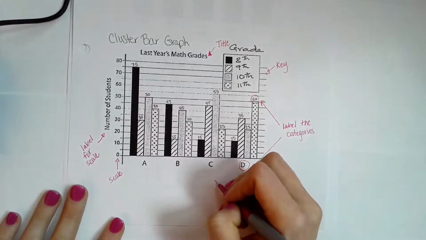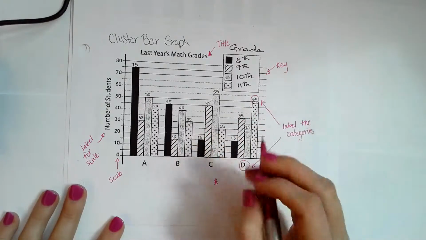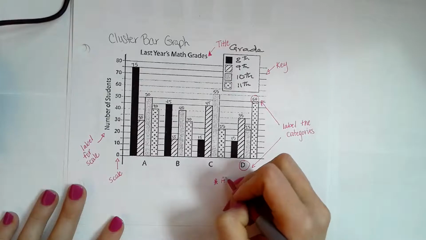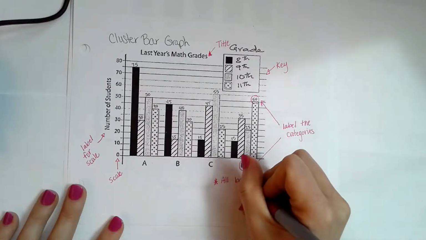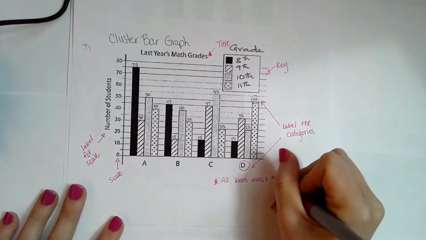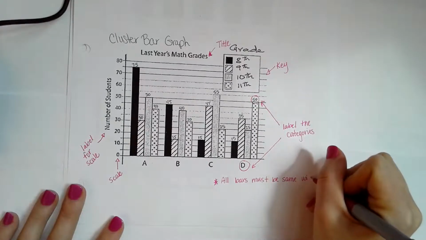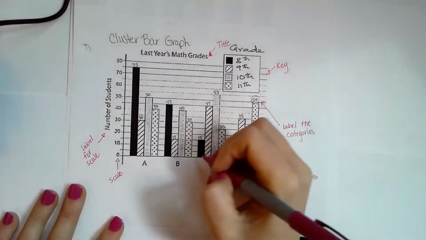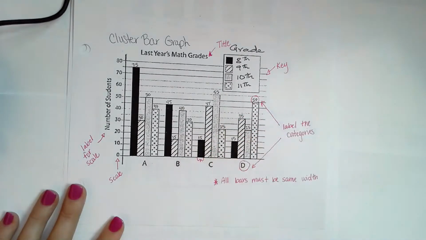Just like the regular bar graph, all of your bars must be the same width. So this right here is the same as this bar's width.